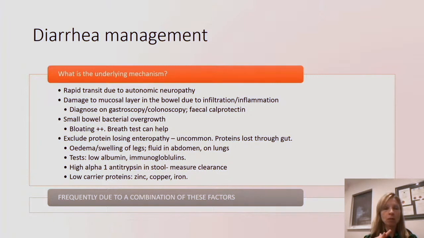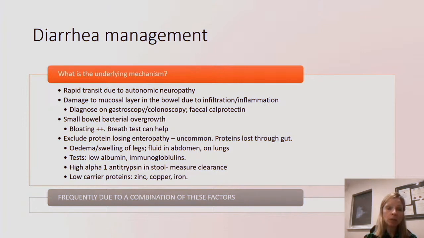So it's the balance of both of those that helps maintain good bowel function. And so if the nerve endings that are meant to slow down the gut have been affected by the amyloidosis, that can present with a rapid transit. In terms of managing that, we then manage with medications to do the reverse and slow things down.